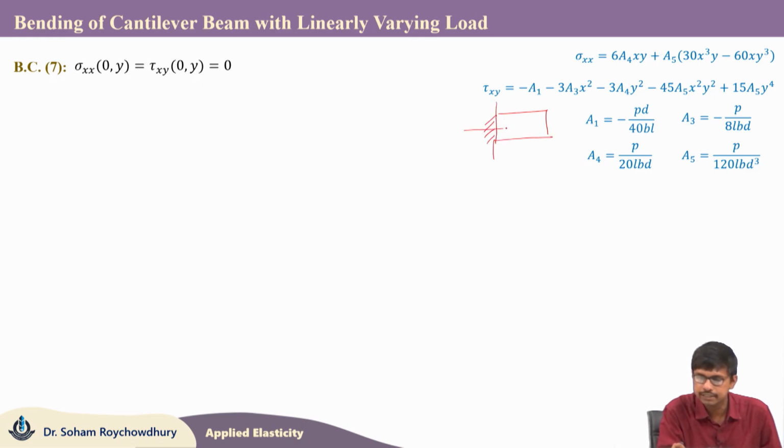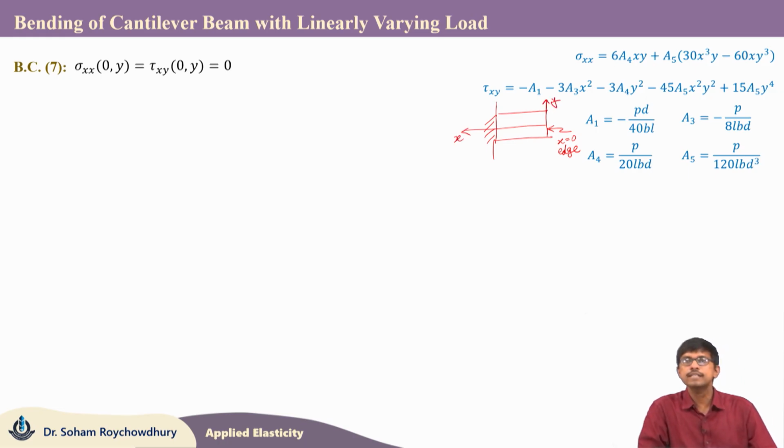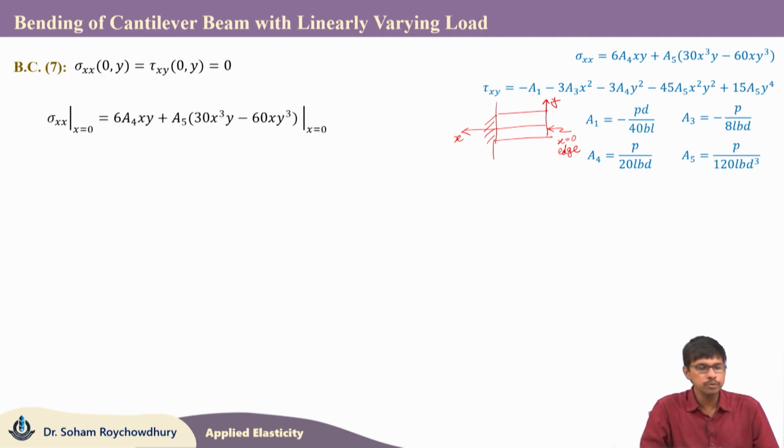This edge is the x equals 0 edge. So, these should have sigma xx 0, tau xy 0. Now, if you put x equals 0 in the sigma xx expression, it directly goes to 0. So, this equation is automatically satisfied.